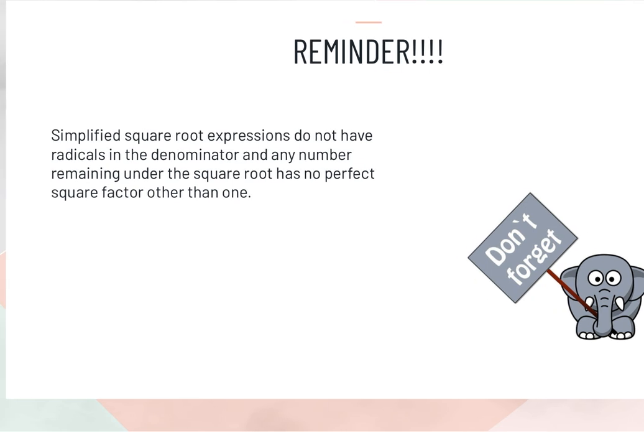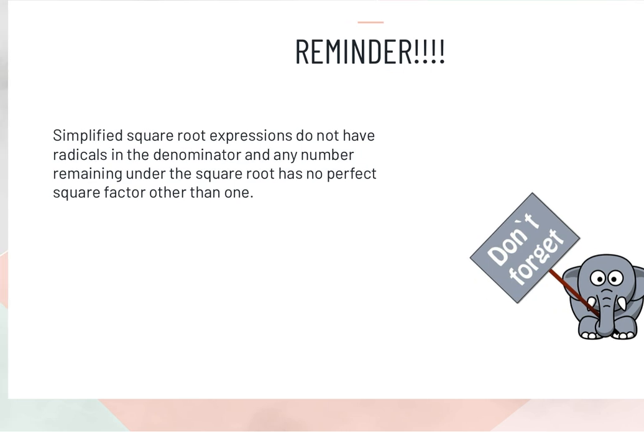In simplified square roots, there are no radicals in the denominator and no number underneath the square root that can be pulled out. So you can't have 7 over the square root of 11.